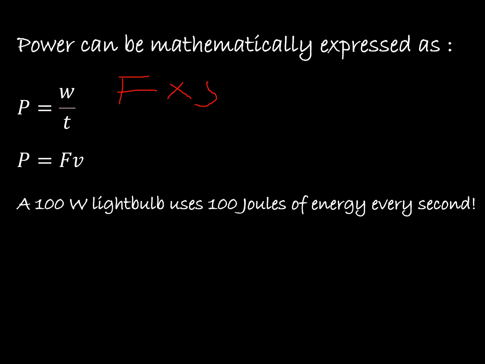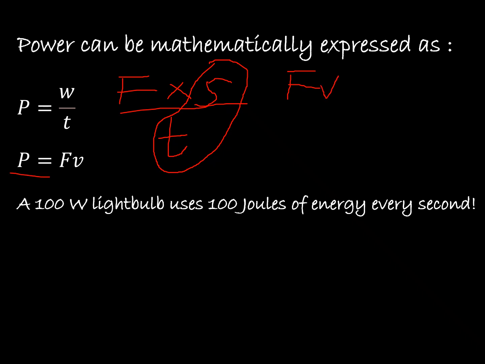So power is force times distance over time. But we know that velocity is equal to distance over time. That means in place of distance over time, we can put velocity, which gives F, our force, times our velocity. That's how we get this simplified version of the power formula: force times velocity.